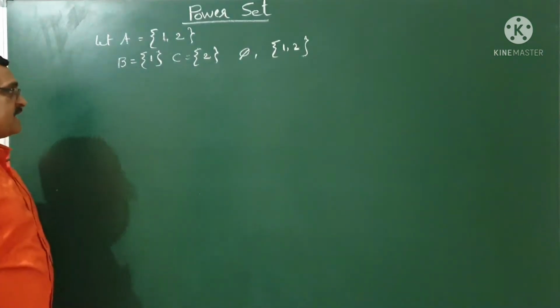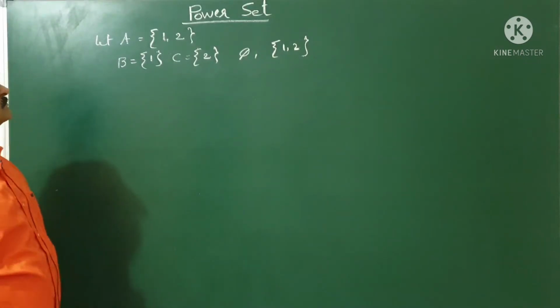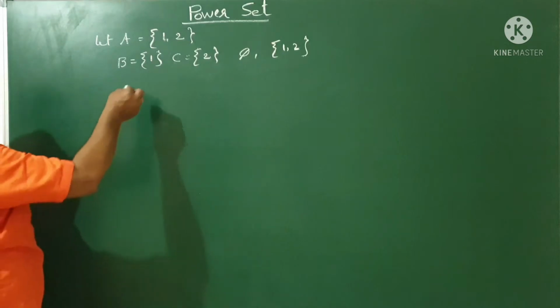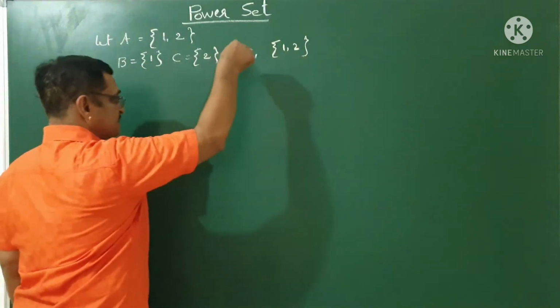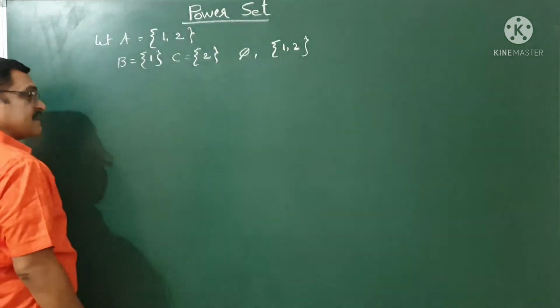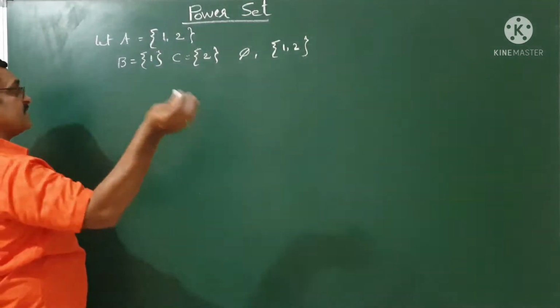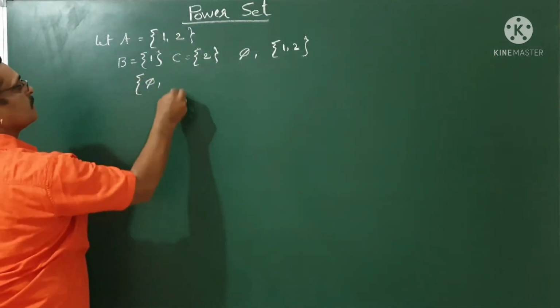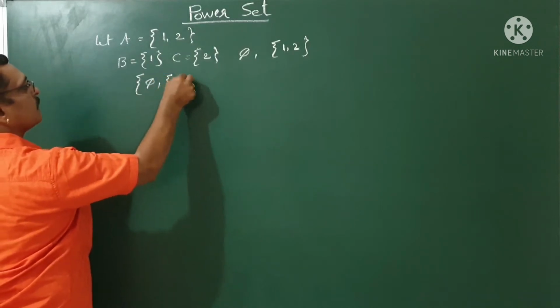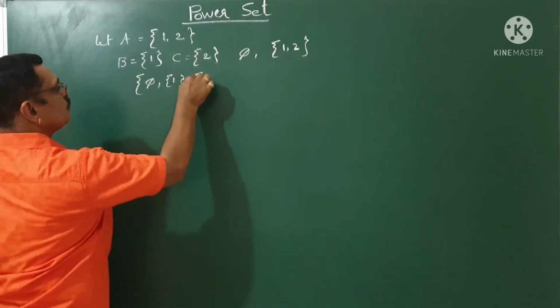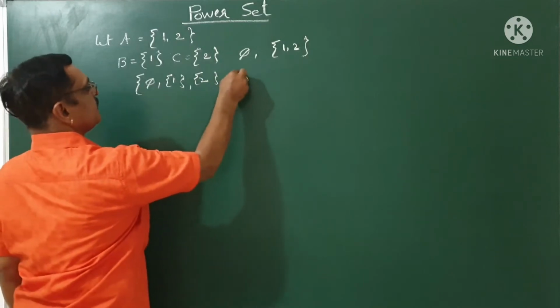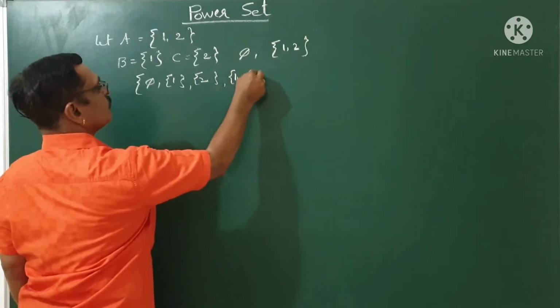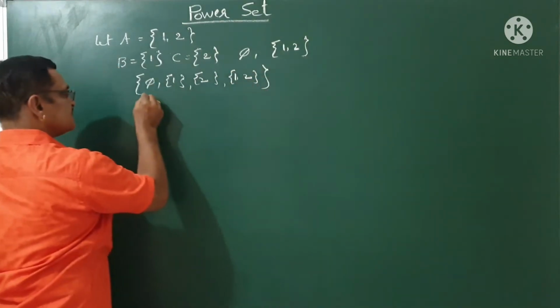Can you find any other subsets? No. Now, what I do, I write these subsets as the elements of another set. Let's say S, the empty set, {1}, {2}, and finally {1, 2}. What is this set?